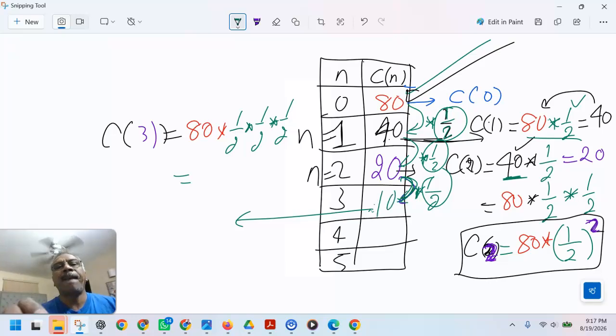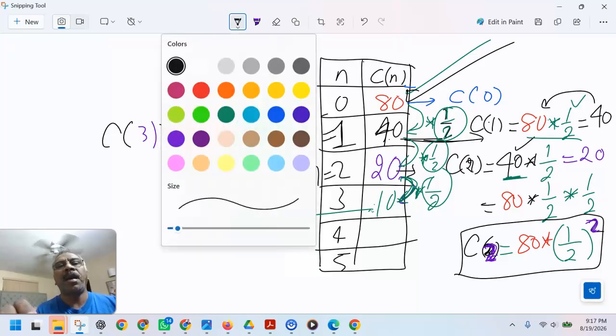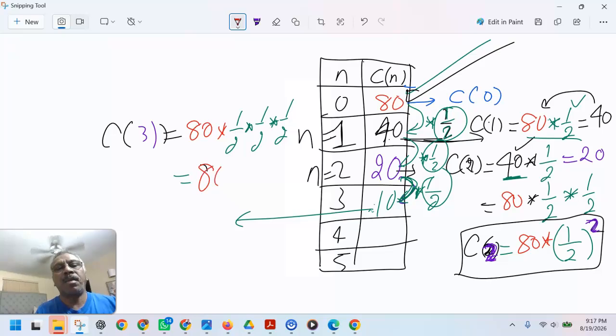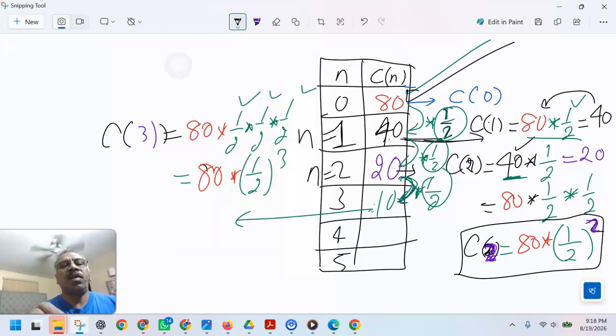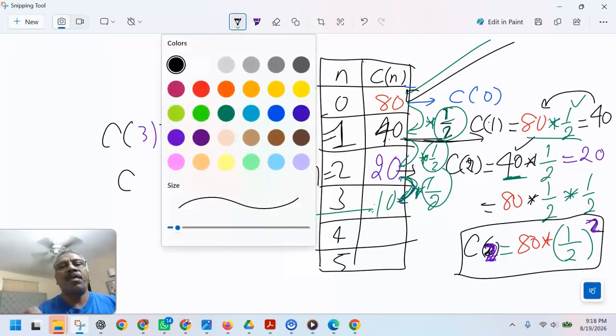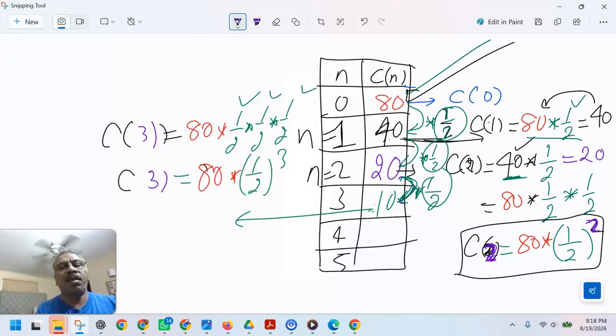Already you know the answer. But how do we write it in this form? It's like 80, the red 80, and the green half is multiplied by itself 3 times. So you write half raised to 3. So this is the C of purple color 3, when it is 3.